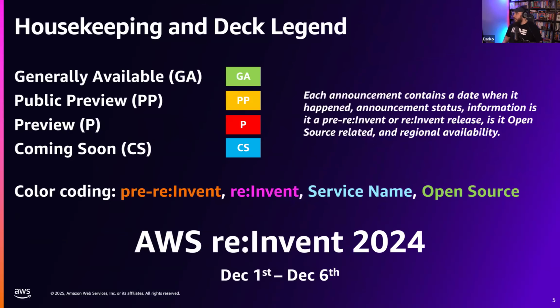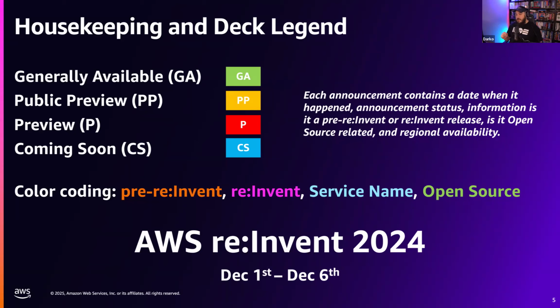Let's move on. Couple of things, housekeeping. There are a couple of things you will notice on this deck. They're pretty colorful, but there are little legends. You will see that GA, PP, P, and CS mean something: generally available, public preview, preview, usually private preview, and coming soon.